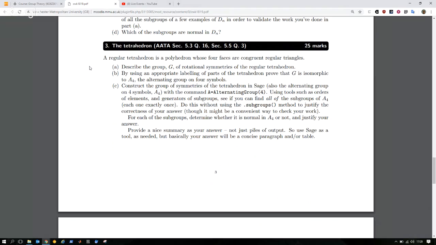Rotational symmetry means all the things that you can do with the paper tetrahedron, just moving it around, when it ends up taking up the same space, but maybe in a different position.